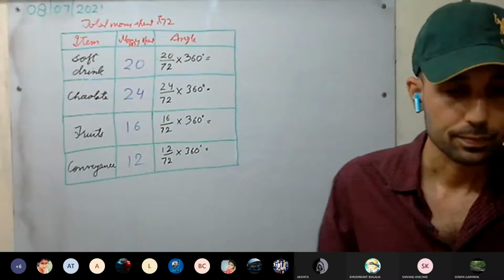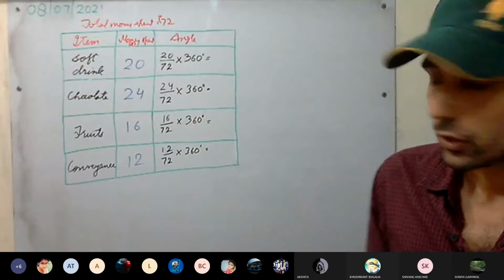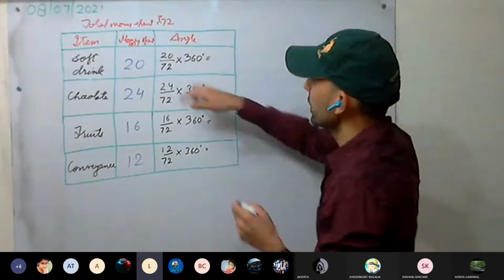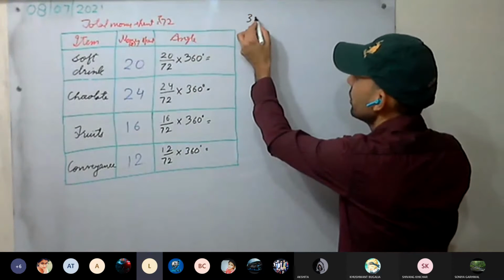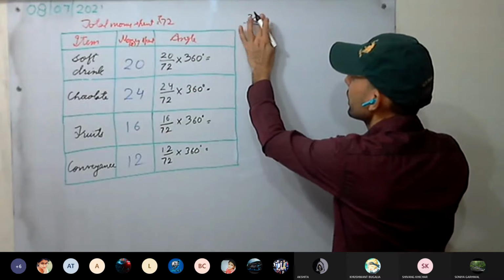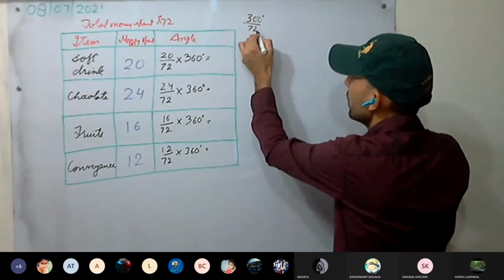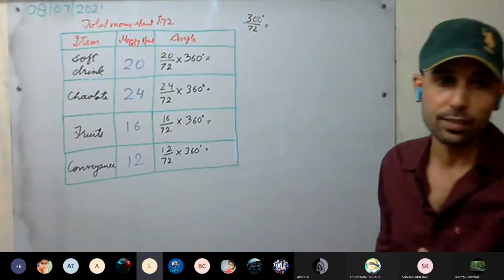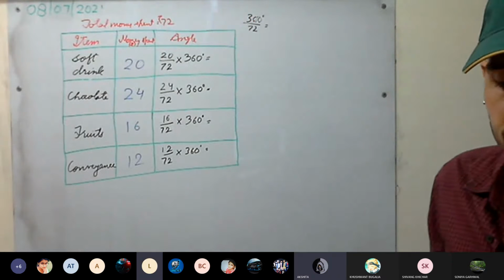So you can calculate 360 degrees upon 72 once. How much is it coming?